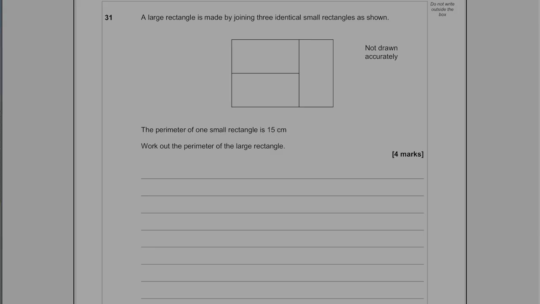So in effect, let's call these lengths x and y. So we know that 2x plus 2y is equal to 15. We also know that 2x is equal to y, because that's shown here.